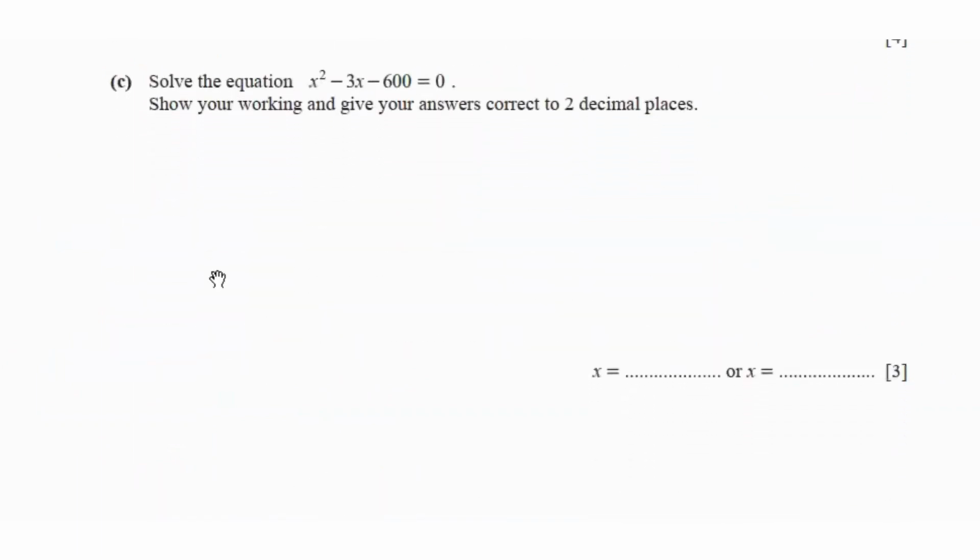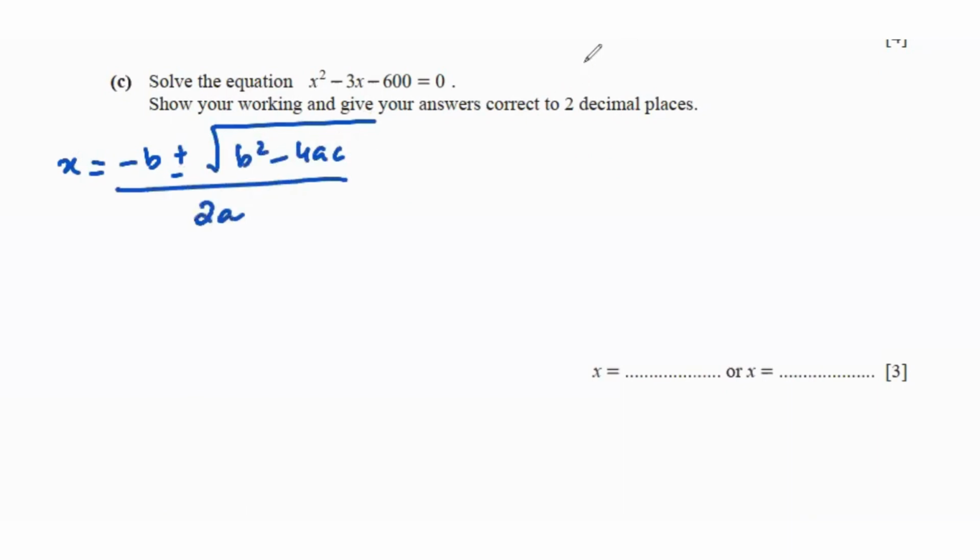Then we have to solve the equation to find the values of x, giving our answer correct to 2 decimal places. So we use the quadratic formula, x equals negative b plus minus square root of b squared minus 4ac over 2a. A is the coefficient of x squared, which is going to be 1.